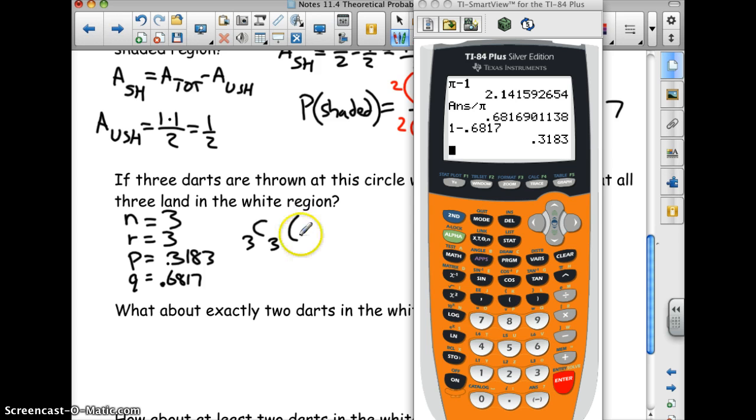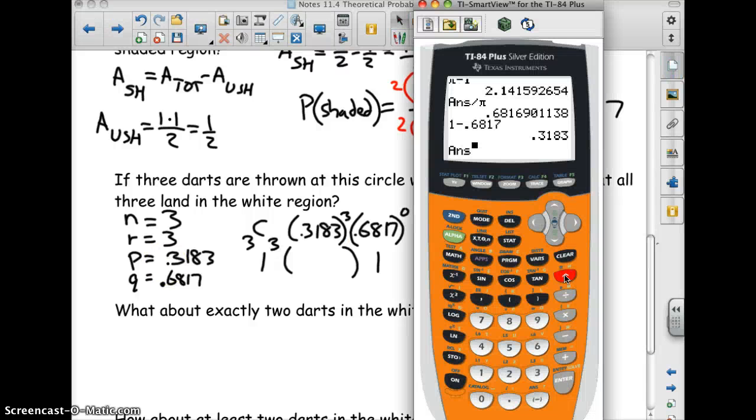I've got 0.3183 raised to the 3rd and 0.6817 raised to the 0. 3C3 is 1, 0.6817 to the 0 is 1. That leaves just to evaluate 0.3183 to the 3rd power, which is conveniently already in my calculator.